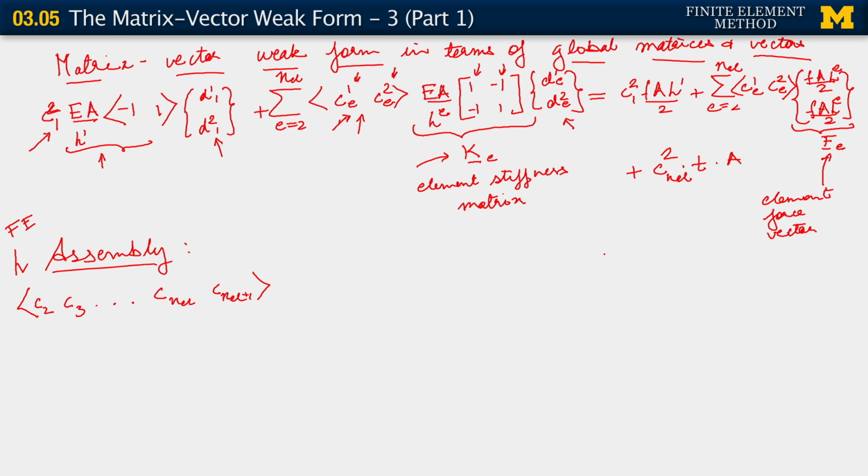For the degrees of freedom corresponding to the solution, we have contributions from the global numbering, which are D1, D2, D3, and so on, up to D_NEL, D_NEL plus 1.